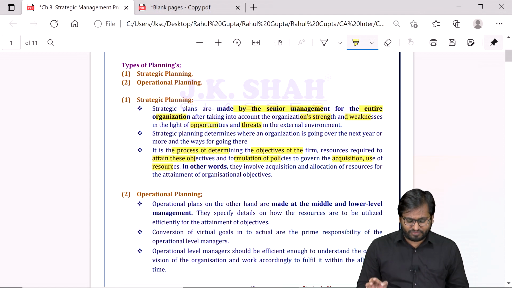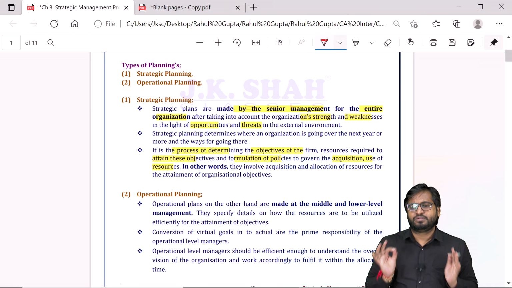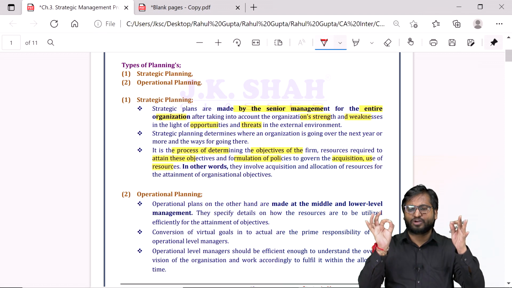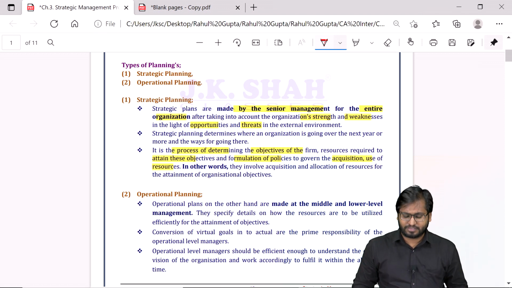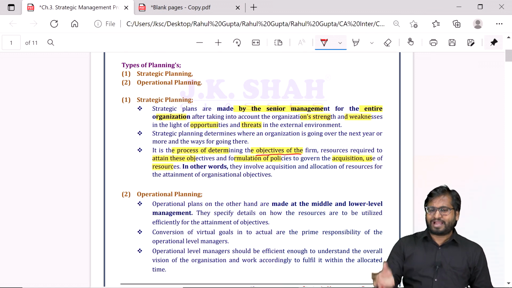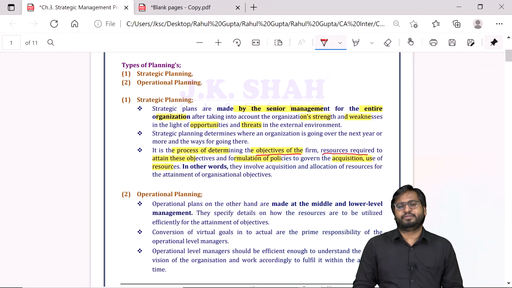So now what we are trying to do? It is the process of determining the objective of the firm. The objective is very clear: to remain competitive, to achieve market share, to have a good market position, right? So for that objective, what sort of resources will be required? What sort of policies do I need to formulate?